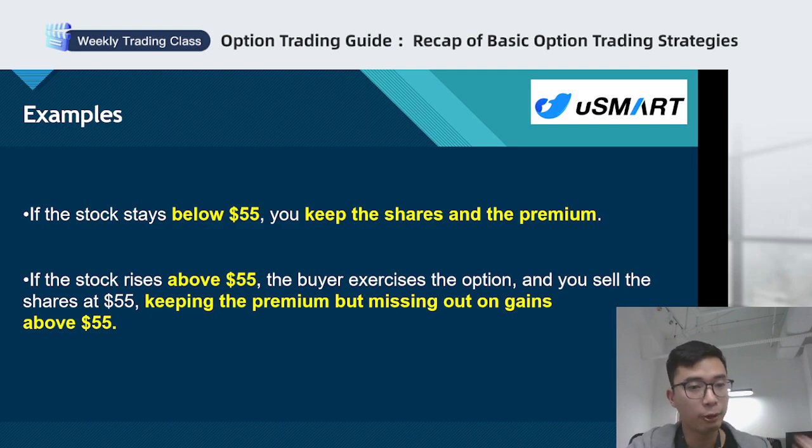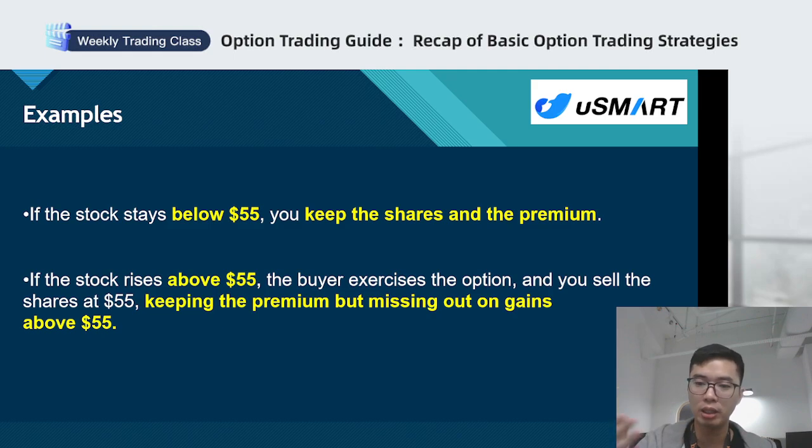So to recap, if the stock rises above $55, the buyer exercises the option and you sell the shares at $55, keeping the premium but missing out on gains above $55. Because we bought these stocks at $50 and wished to sell at $55.